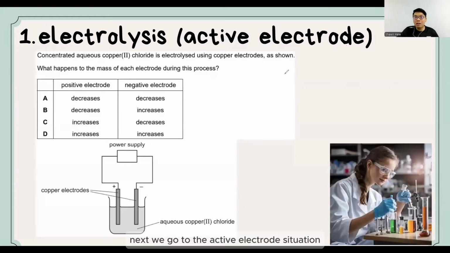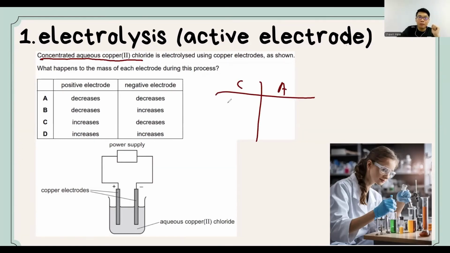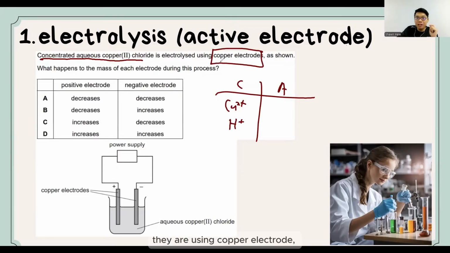Next, we go to the active electrode situation. So the first question says concentrated copper chloride. Since in this question, they are using copper electrode, not carbon, not graphite, not platinum, the electrode itself will become ions.